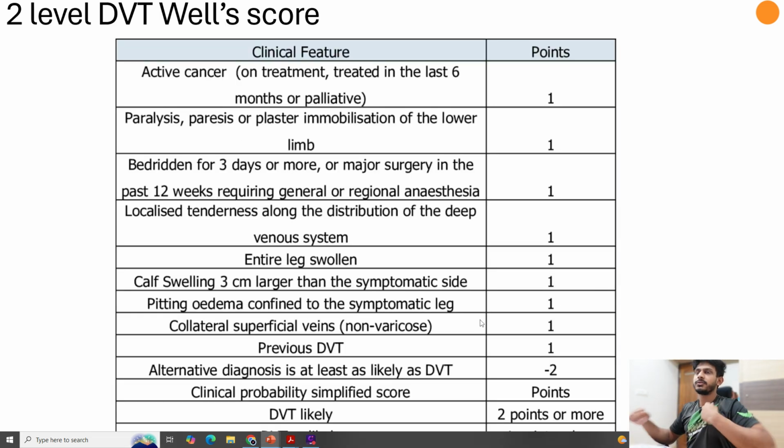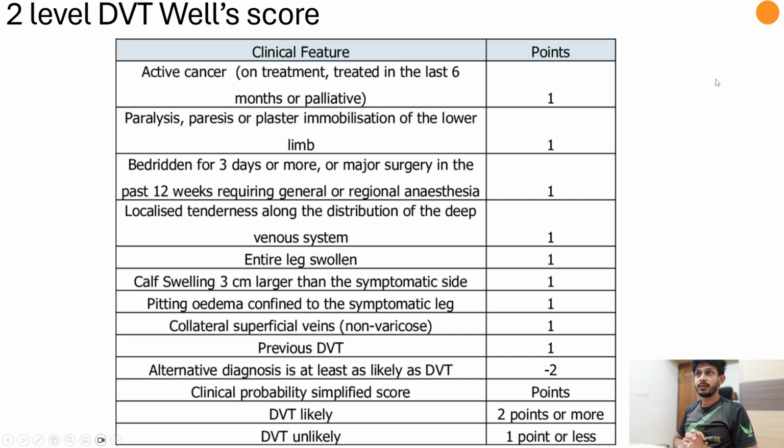So now coming to something called the two-level DVT Wells score. What this score does is, ideally, it should be done in all pre-op cases of arthroplasties like knee replacement and hip replacement. And what this gives us is an idea about an individual's susceptibility to formation of deep vein thrombosis.